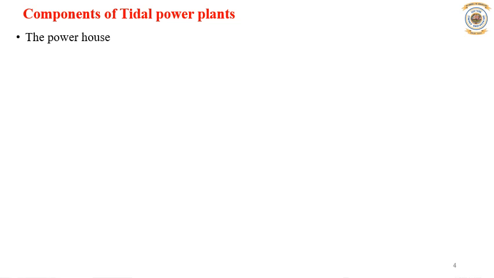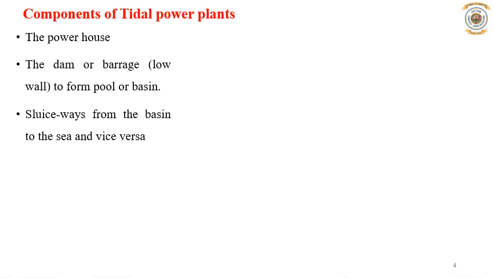One is the powerhouse, second is the dam or barrage, which is called a low wall to form a pool of water, termed the basin. And third is the sluice ways from the basin to the sea, and vice versa.